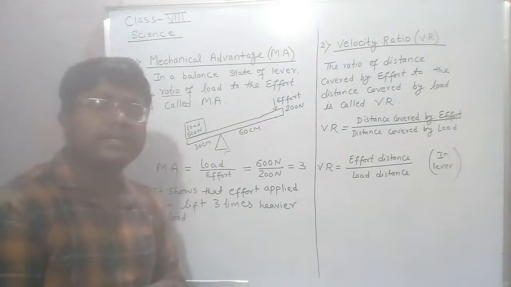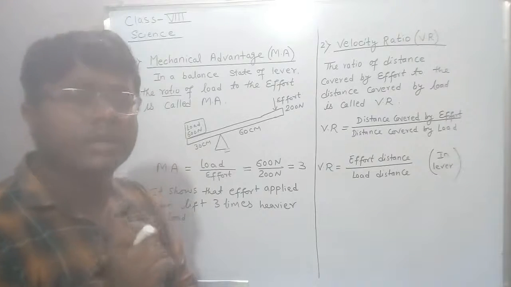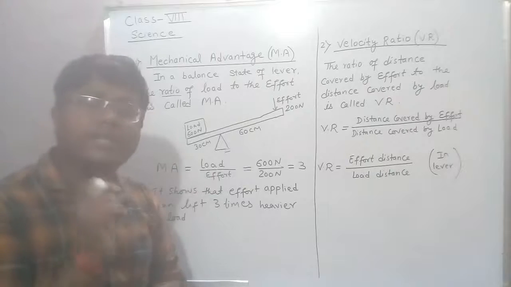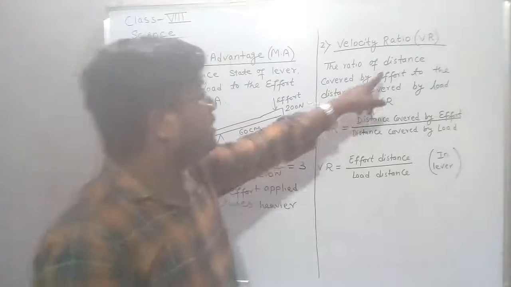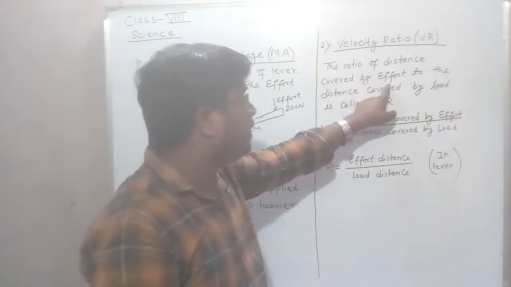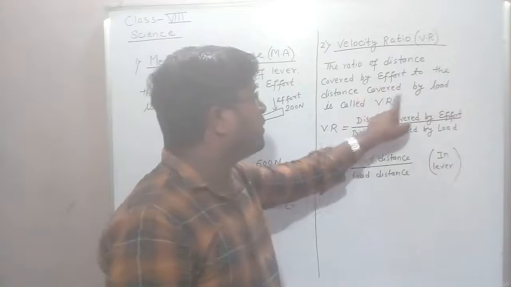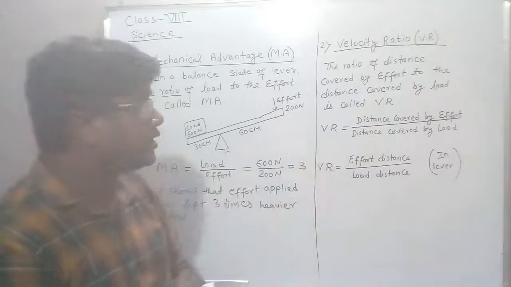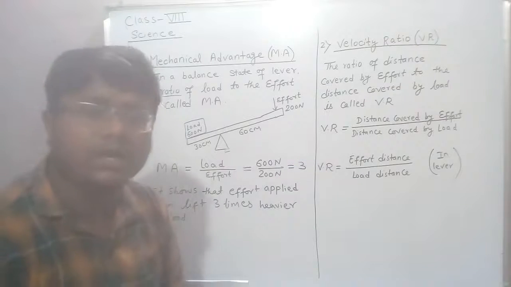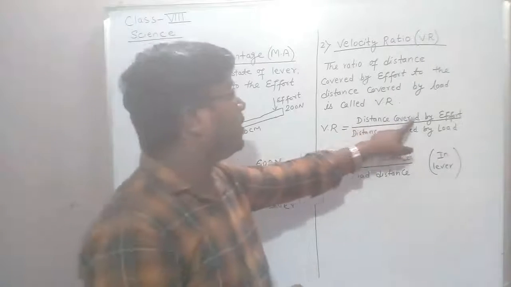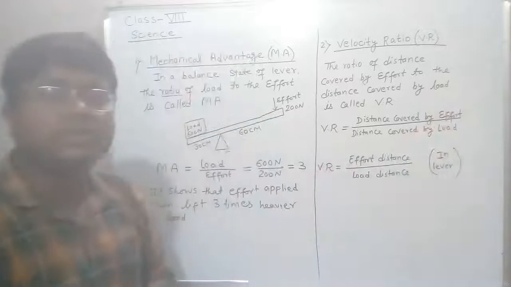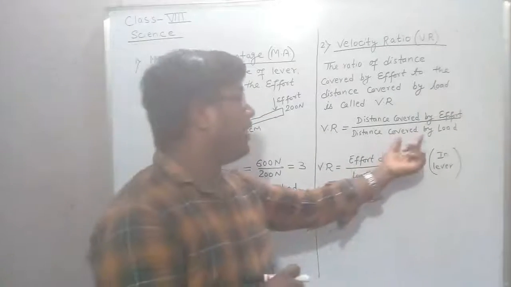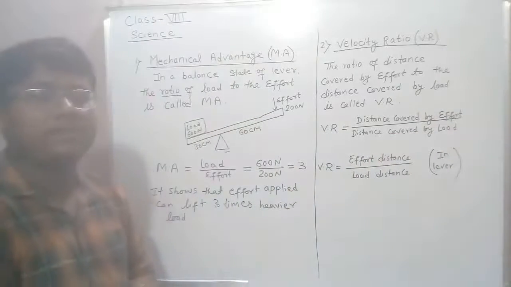Velocity ratio is the ratio of distance covered by effort to the distance covered by load.